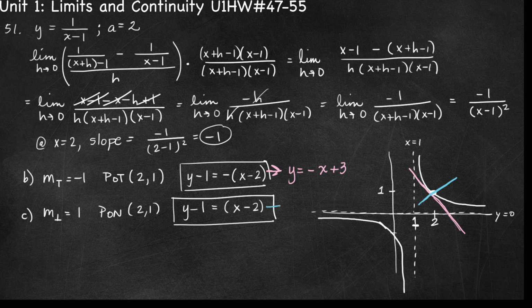And if we solve this for y, we can get a more accurate sketch. So we have y equals x, and then negative 2 plus 1, y equals x minus 1. So I missed the mark a little bit right there. It should be passing through that point. Okay, these two lines are perpendicular to each other. So this is my normal line. And this one is my tangent line.